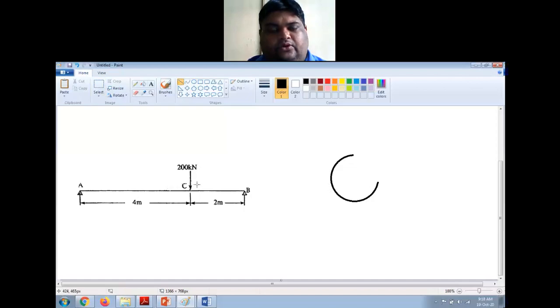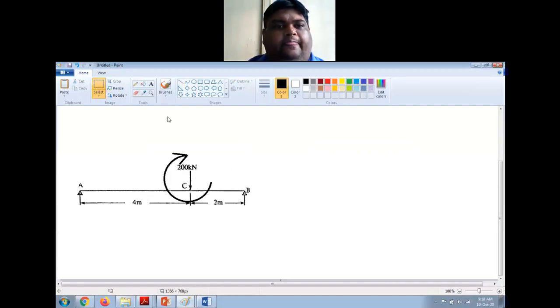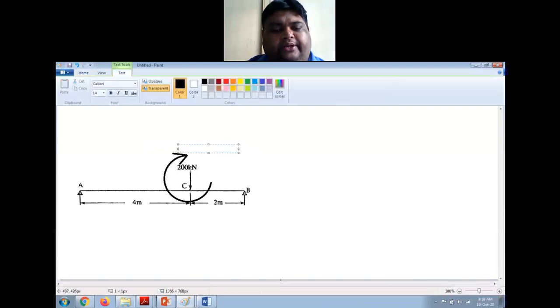So see, the load is like this, so it will be clockwise couple like this. About this point C itself, and the magnitude of this will be 200 into 0.5.